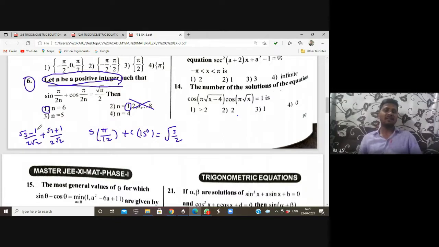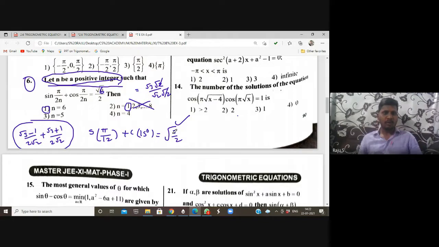When we add these two, what is LHS? On the RHS, when we substitute 6, we get root 3 into root 2 by root 2 into root 2, one root 2 gets cancelled. Finally we get this. But is LHS equal to the same value or not? No, sir.